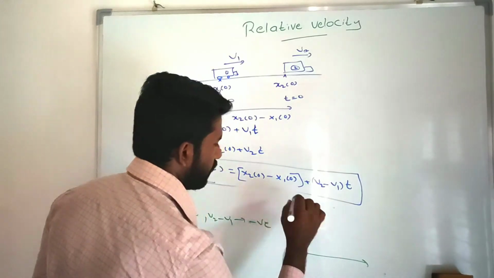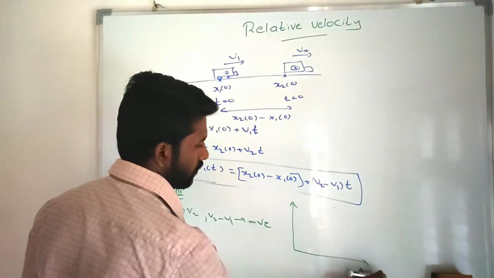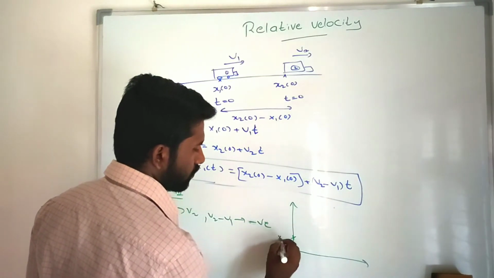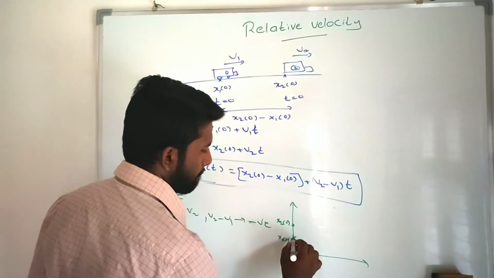So if V1 goes faster, the distance between the two bodies decreases initially. Okay, so this is x1 of 0 and this is x2 of 0.